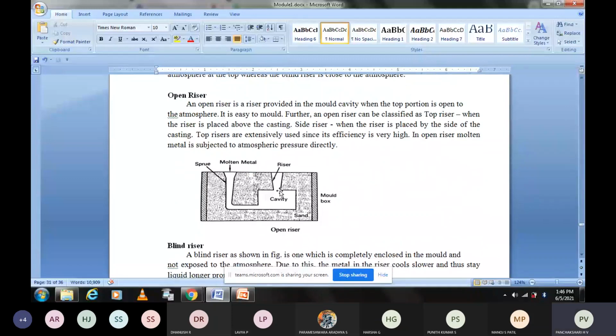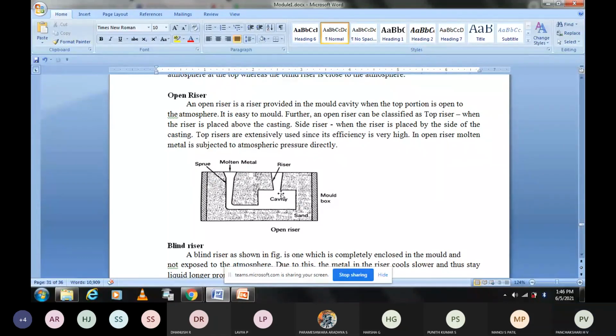There are two types of riser. This I had explained in the previous, I think second or third class. Open riser and the other one is the blind riser. What is the meaning of open riser? See this diagram, you can see this is the sprue cup or pouring cup. This is the sprue. The liquid metal is going down like this, and then this is the runner, and this portion is the gate.